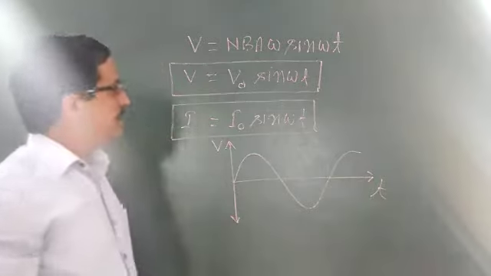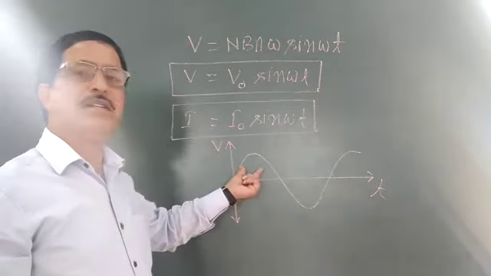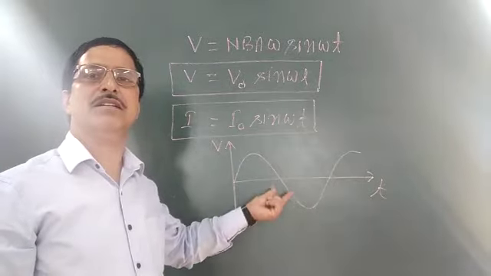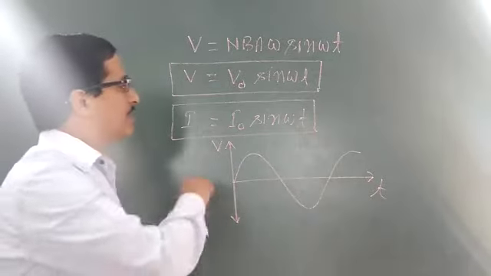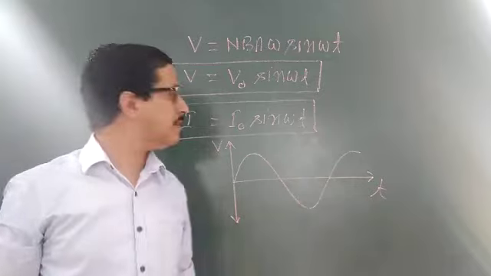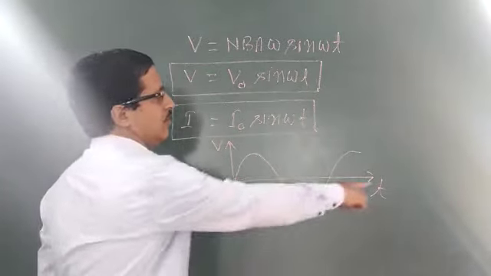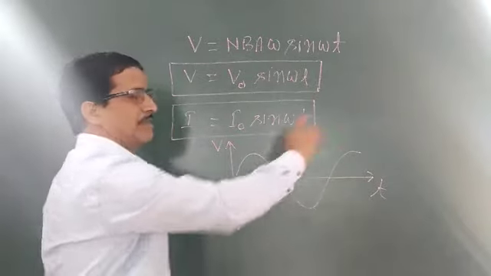You can see that the voltage is alternately changing its direction and value. That's why it is called alternating voltage. In the same way, if I take I on this axis and t on this axis, the graph will be a similar one.